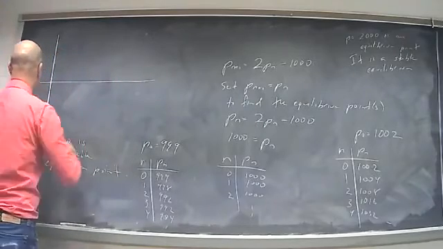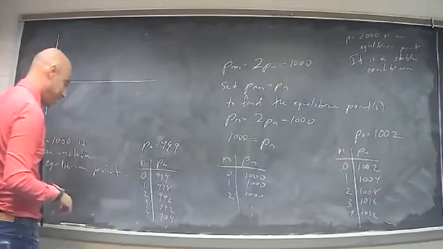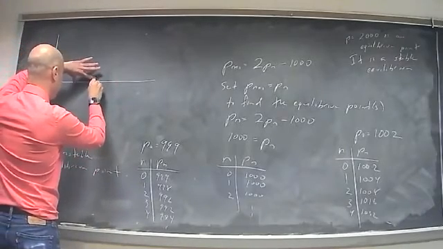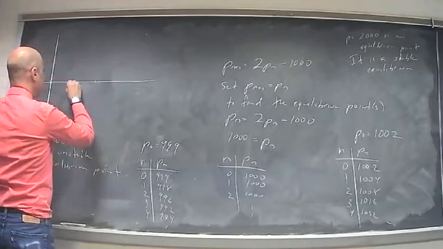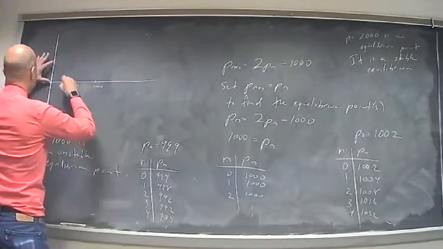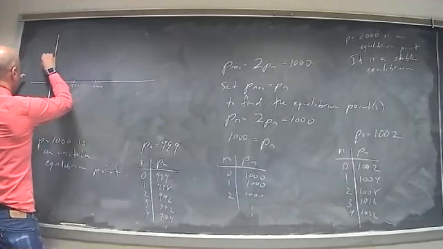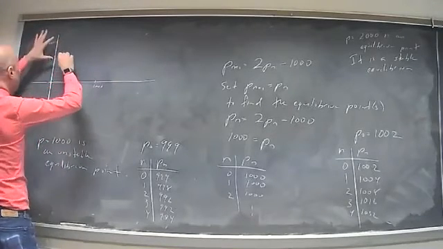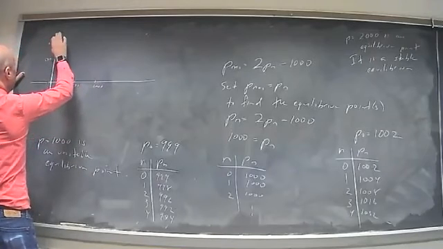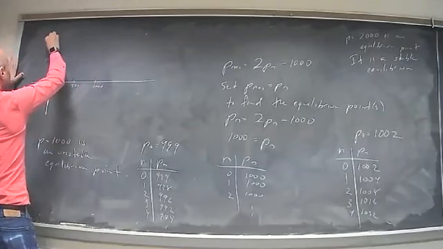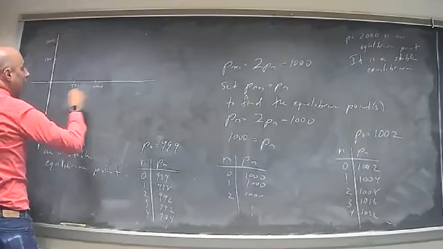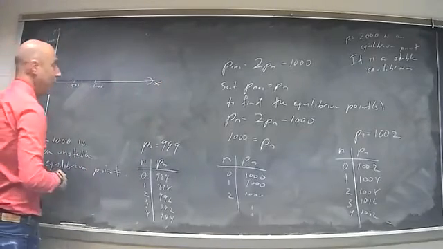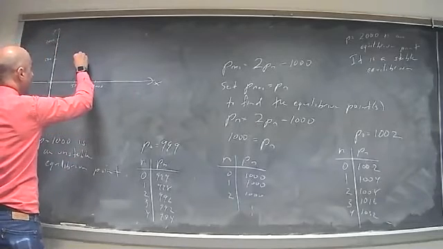So if I put in the line y equals x, well, let me put that in a second. 500, 1,000. And we have the line y equals x.